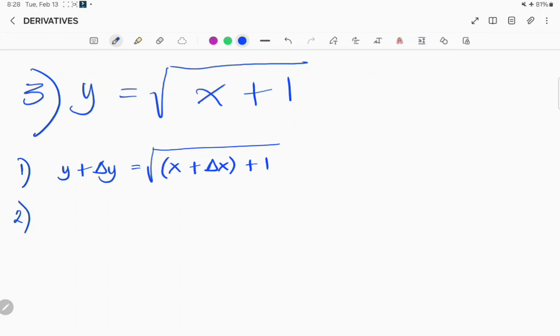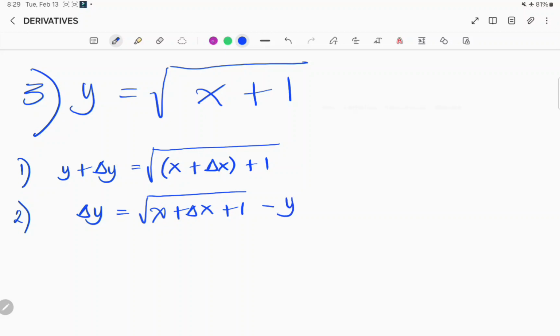Step number 2 is to subtract the original function from the change of y and the change of f of x. It will become change of y equals the square root of x plus change of x plus 1 minus y.